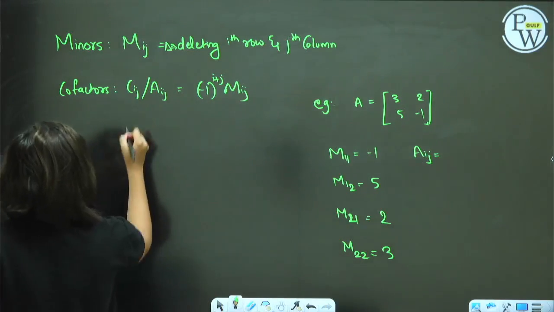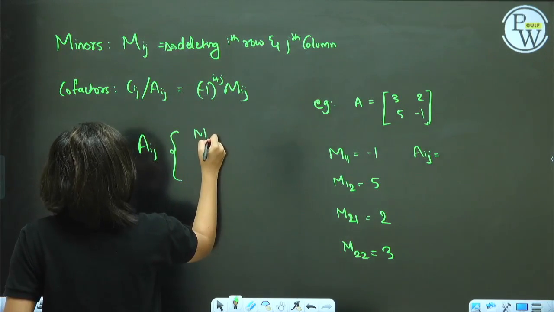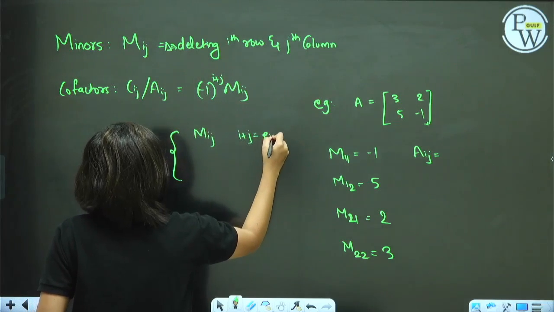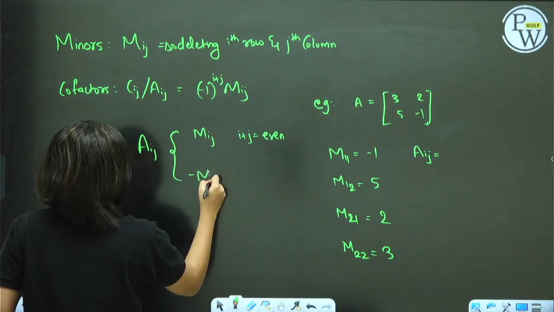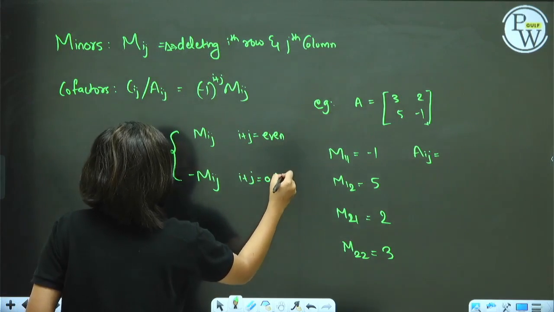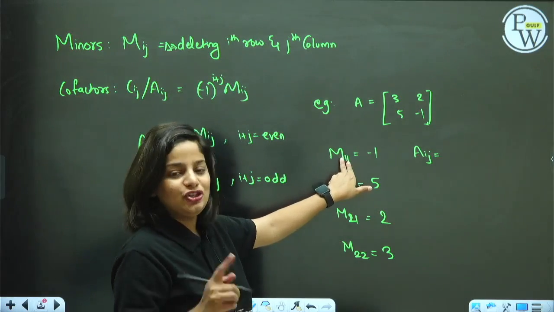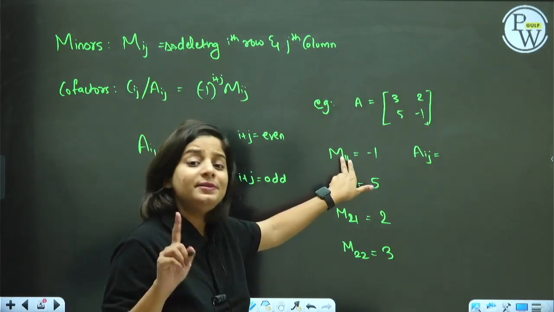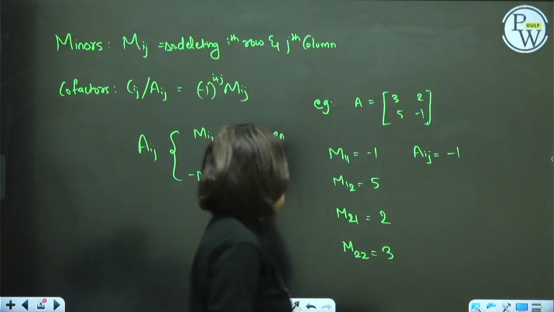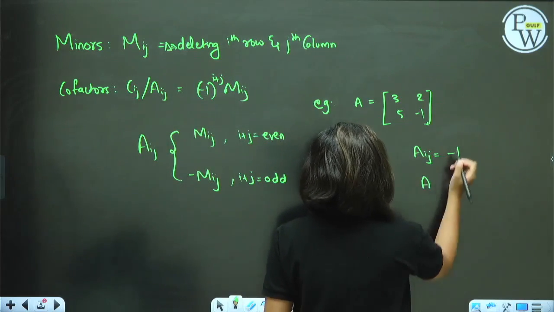Now, a simple way to calculate the cofactor is: cofactor will be the same as minor if this i plus j is an even number, and cofactor will be the negative of minor if i plus j gives you an odd number. All you have to do is add them and check even or odd. 1 plus 1, 2, even number, cofactor will be same. 1 plus 2, 3, odd number, cofactor will change its sign.